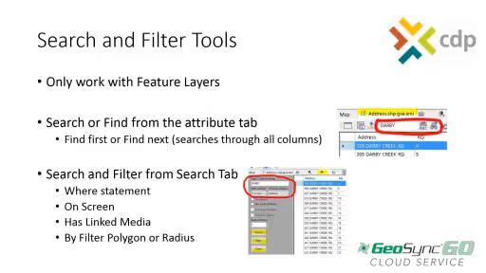Then I can filter that layer down, so I just get a list of which valves do I have photos for, and which ones do I not have photos for. So that can be helpful. And then I also can create a filter polygon or a filter radius, and I can filter based on those options as well.